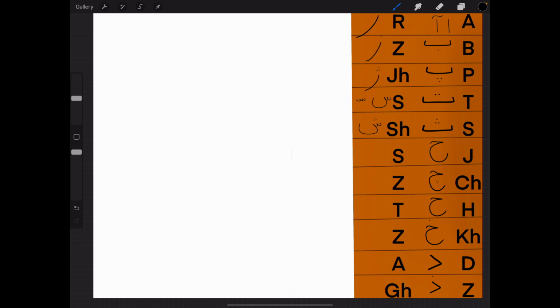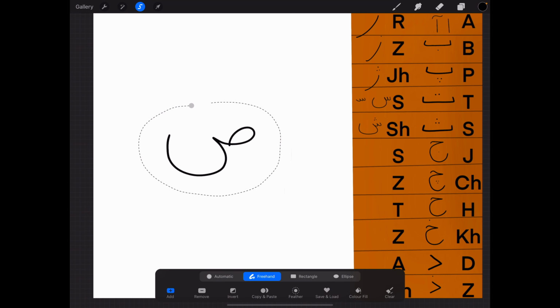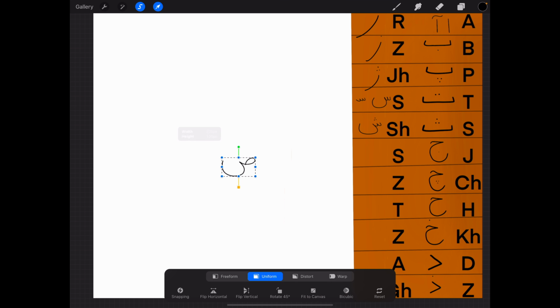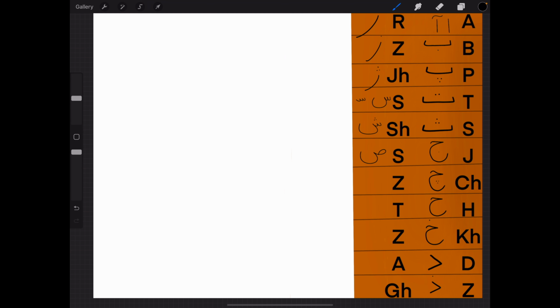Next letter is Sod. Now this letter is pronounced like Sin in Dari. So again, Sin, Sod, and Say. In pronunciation, in Dari language, there is actually no difference, which means when you write it, you'll have to make sure that you write it with the correct letter.